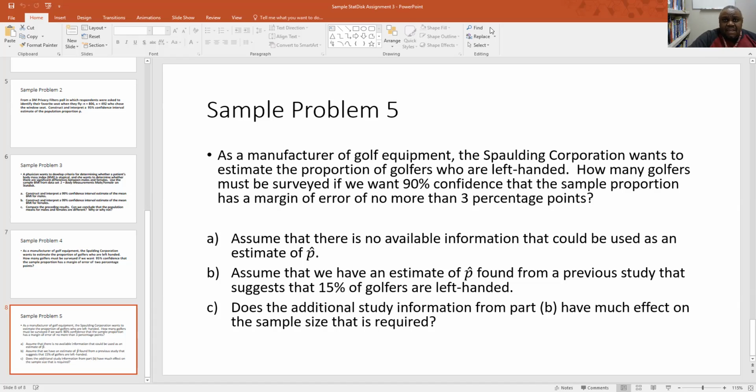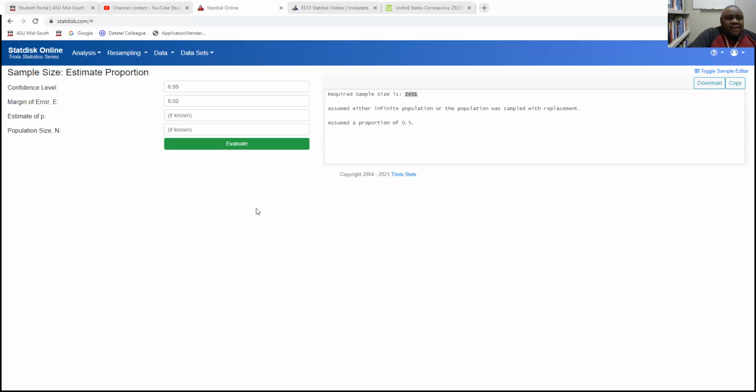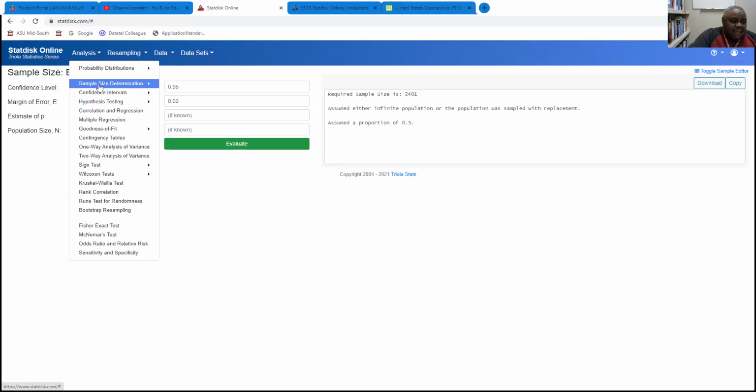All right, so let me go to StatDisk. Now let's start by going to analysis and sample size determination. We're still dealing with a proportion in this case.